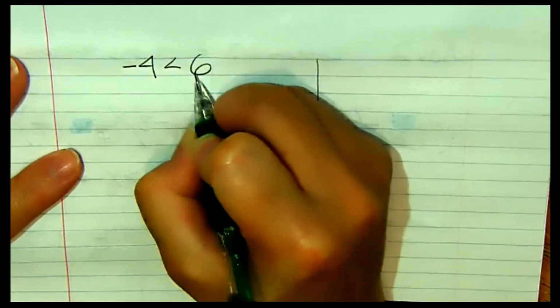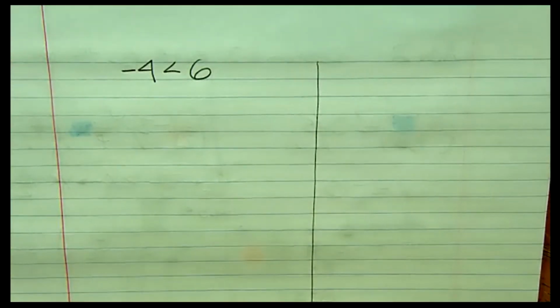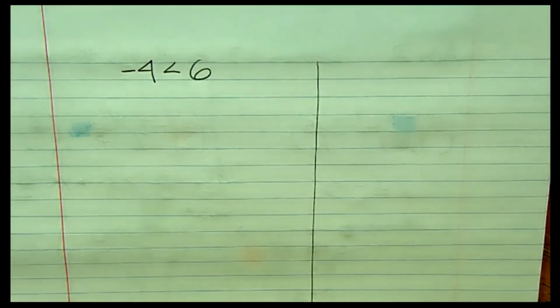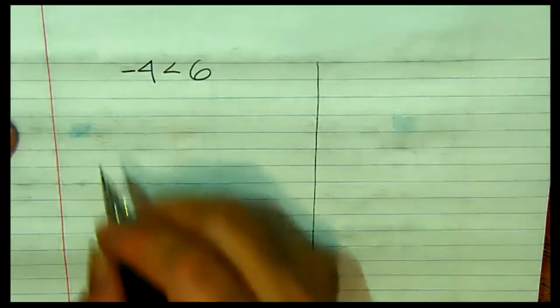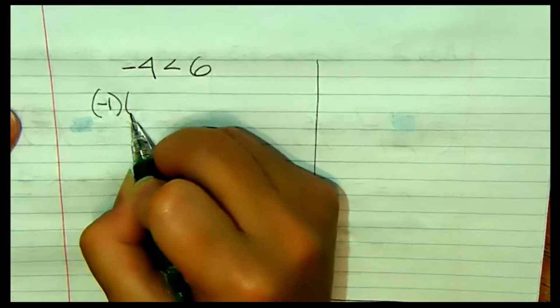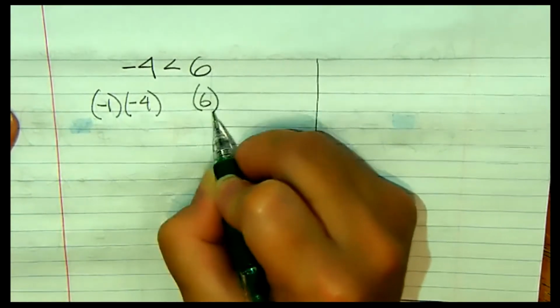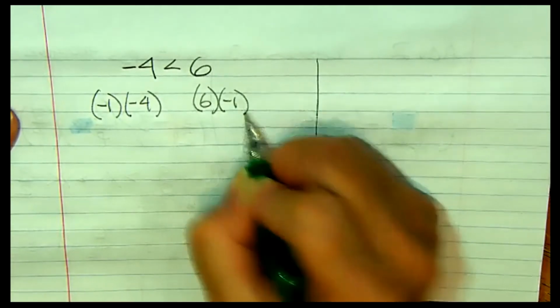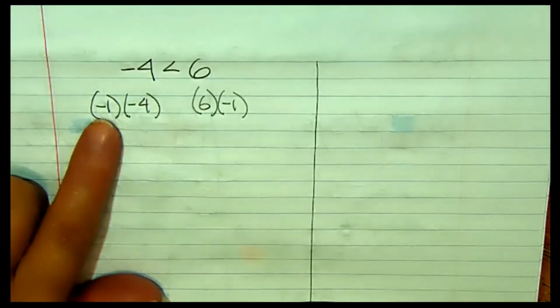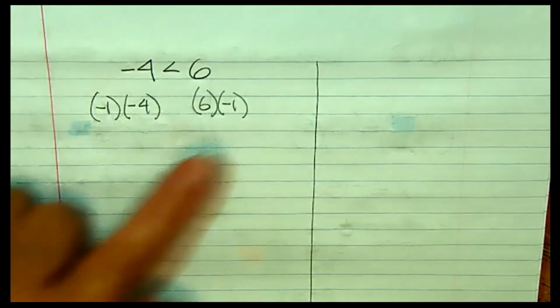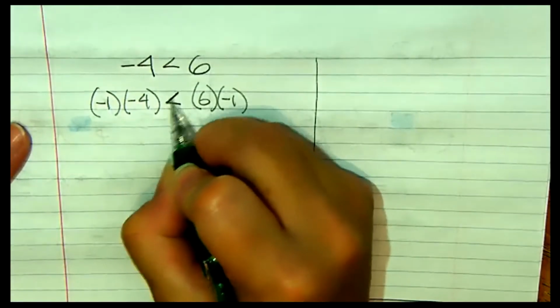I have -4 is less than 6. Do we agree that -4 is less than 6? I hope so. But what happens when I multiply -4 by -1? So I'm multiplying each side by -1.